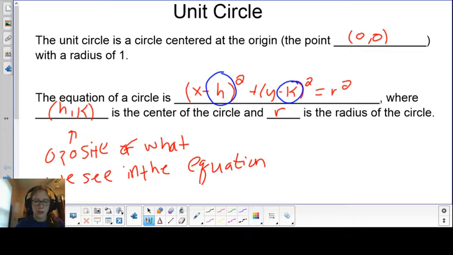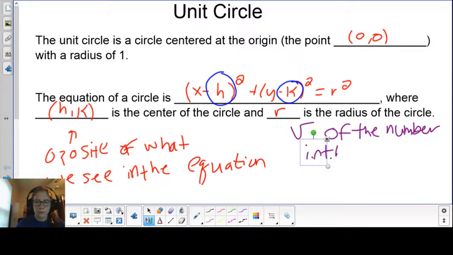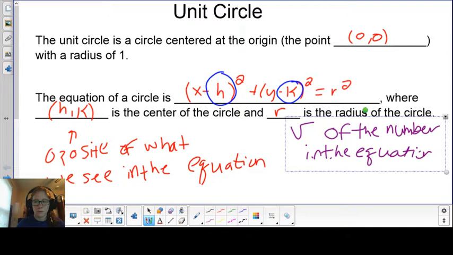So essentially, in that case, it's the square root of the number in the equation. So it might be equal to 25. The actual radius of that is going to be, good, 5. It's the square root of whatever number we see equal to.